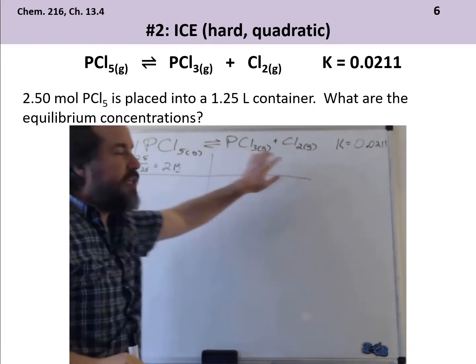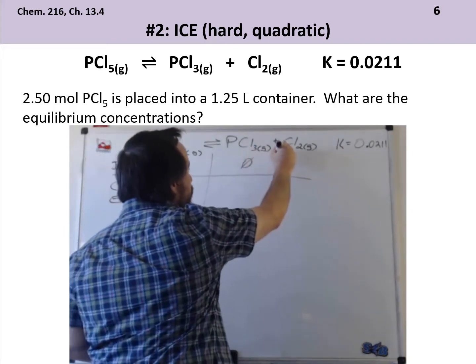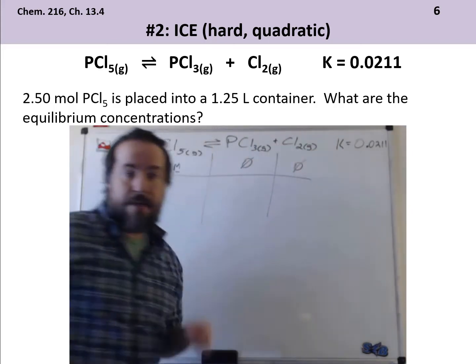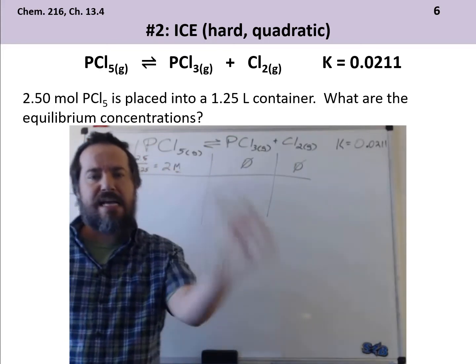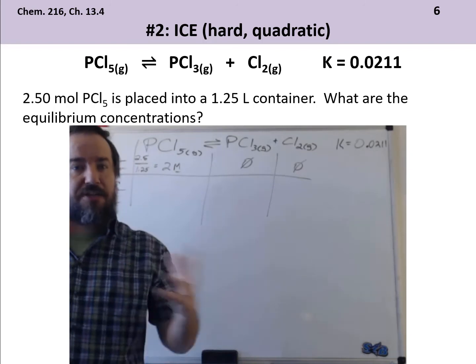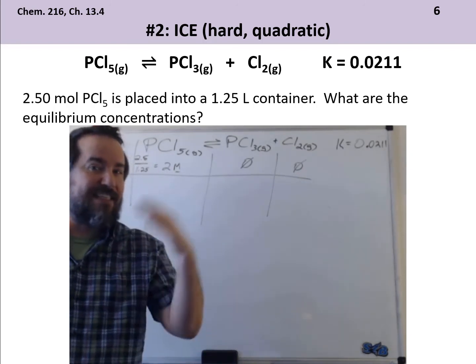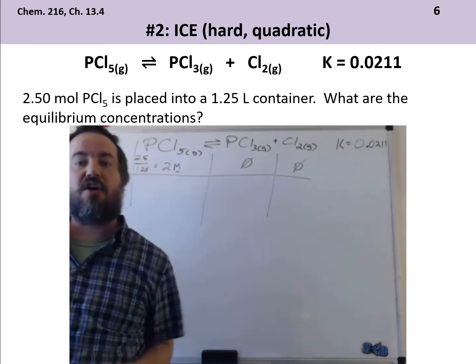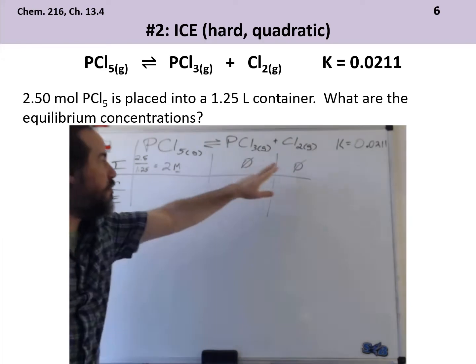My PCl3 and my Cl2, it doesn't say anything about those, so I have 0. Notice that it doesn't necessarily say initially I have 2.5. It just says I have it. As long as it doesn't say it's the equilibrium, we have to assume that that's our initial case. So we have 2 molar, 0, 0.